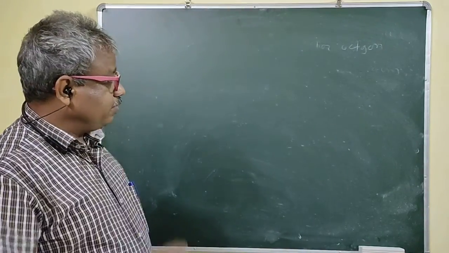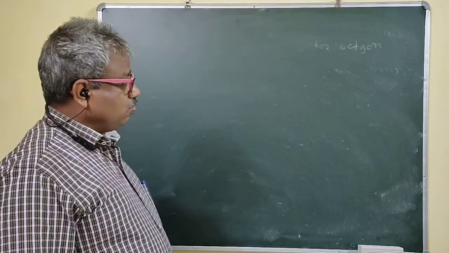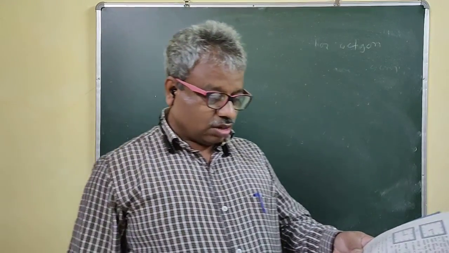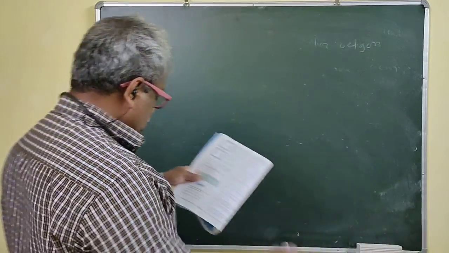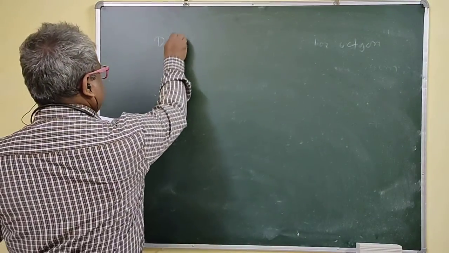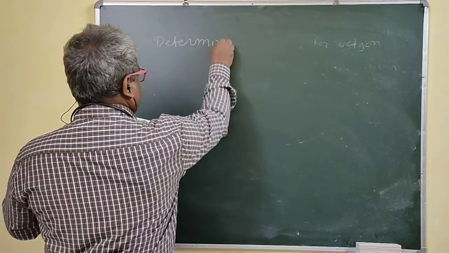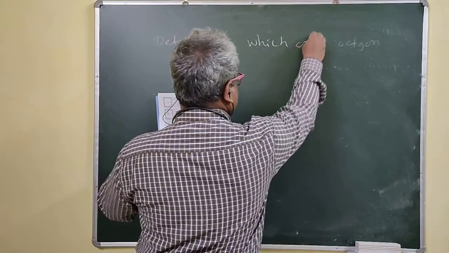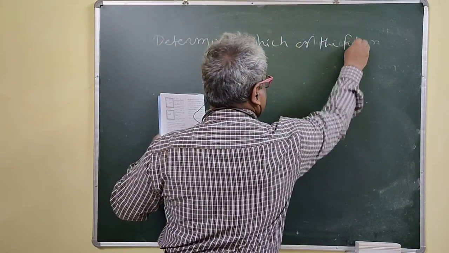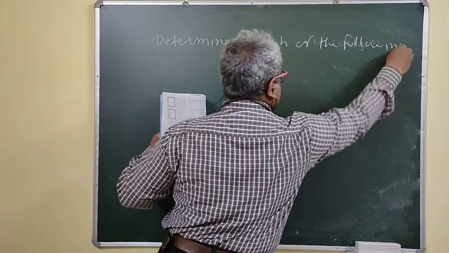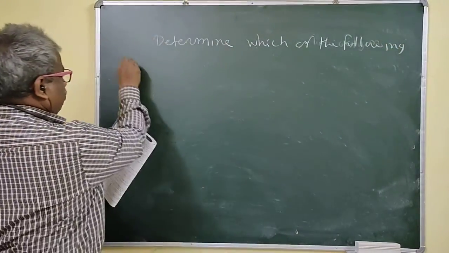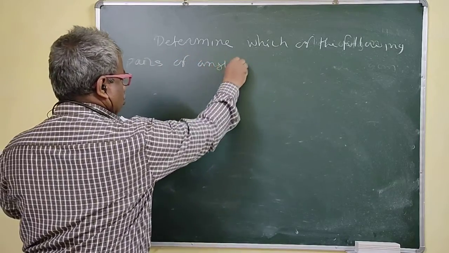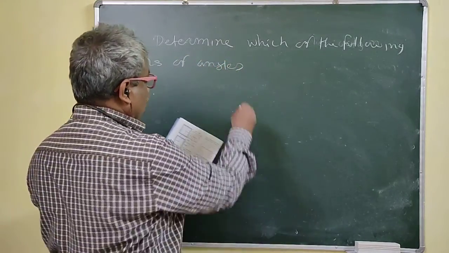So today we will see how to determine whether a pair of angles are coterminal or not. Determine which of the following pairs of angles are coterminal.